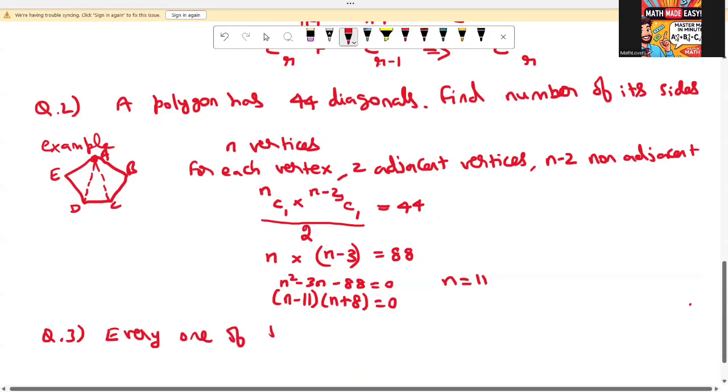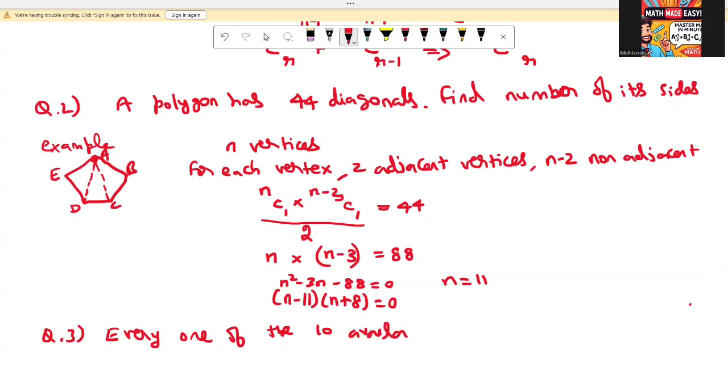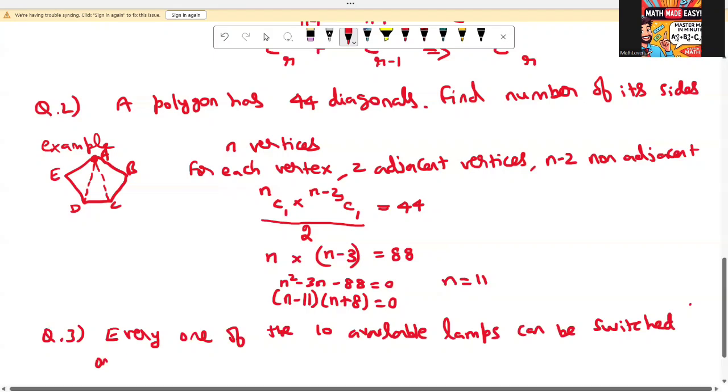Every one of the 10 available lamps can be switched on to illuminate a certain hall.